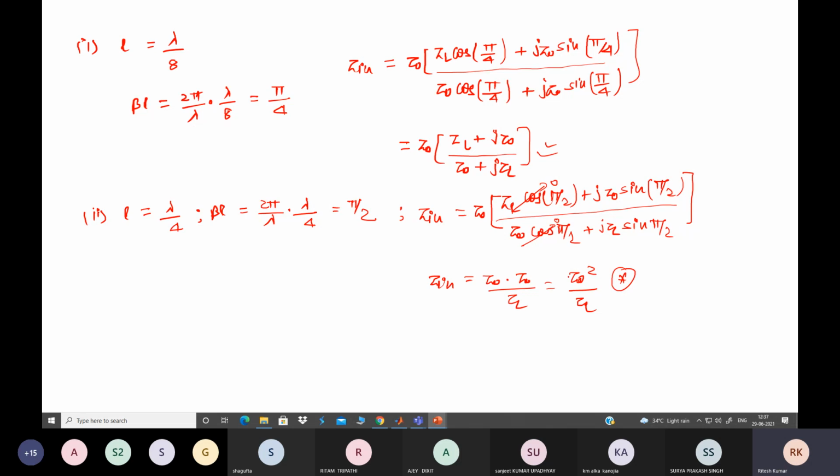So when it comes to the upper part, it will be plus j. Means Zin will now be inductive in nature. Magnitude will be the same because Z0 square divided by ZL. But suppose now ZL is inductive, so the j part, when it comes to the numerator, will have negative value. Then we conclude that it is capacitive in nature.